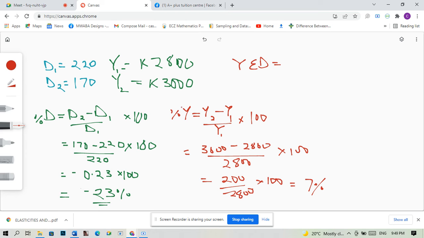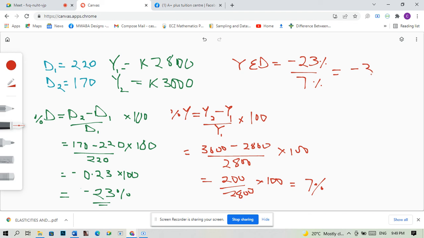Percent change in demand, which is negative 23%, over percent change in income, 7%. So negative 23 divided by 7 gives us negative 3.28.